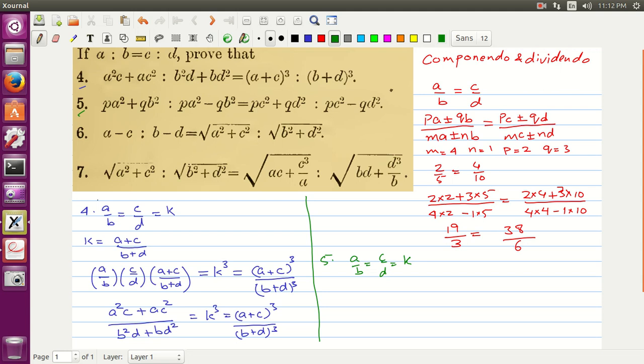Okay, now we know that PA square by QB square will be equal to PC square by QD square, right?